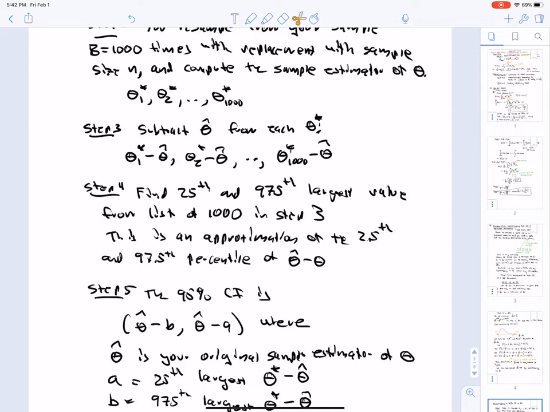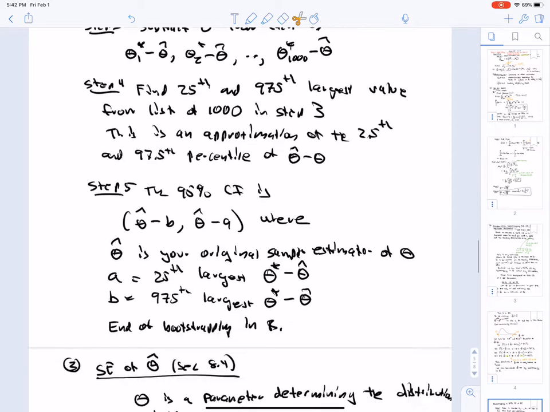Take the 25th and 975th largest value from the list of 1,000 in the previous step, and this is an approximation to the 2.5th and 97.5th percentile of theta hat minus theta.